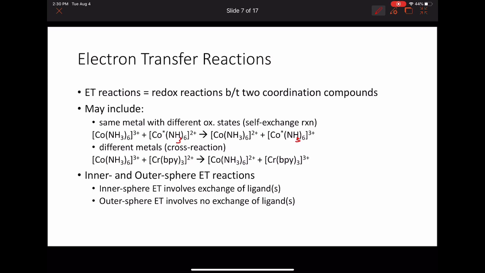And this necessarily then is going to change the identity of ligands that are present in that inner sphere. Whereas in our outer sphere electron transfer reactions, there will be no exchange of ligands. Let's look a little closer at these two different types of ET reactions then.